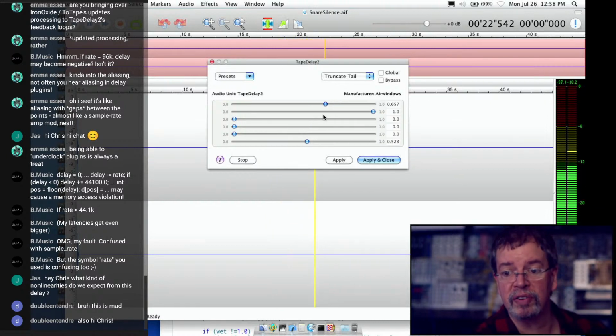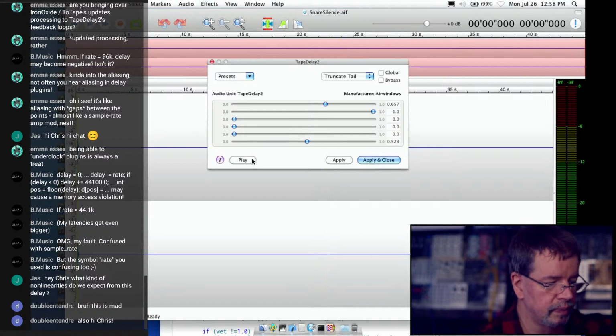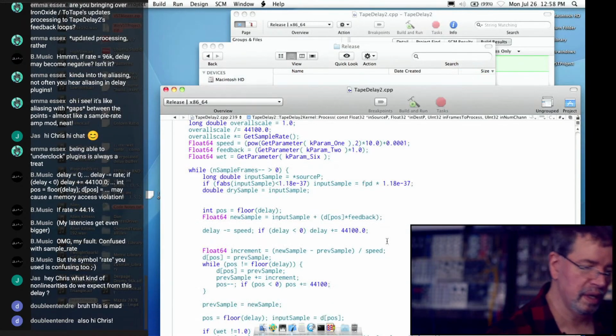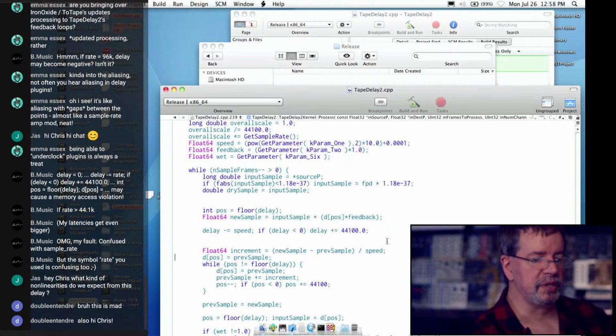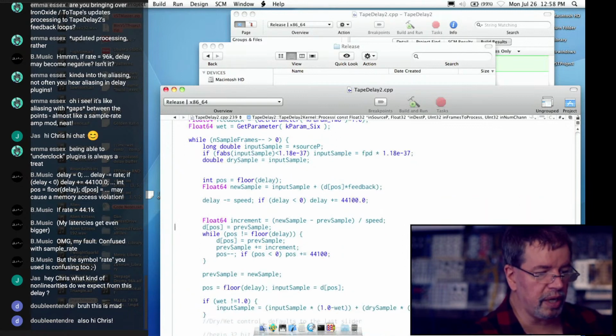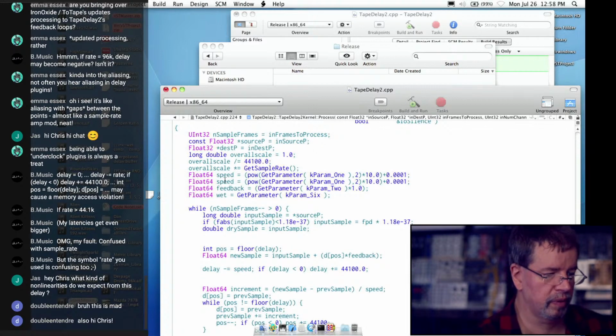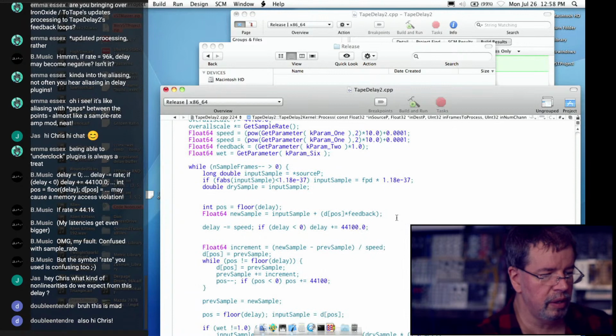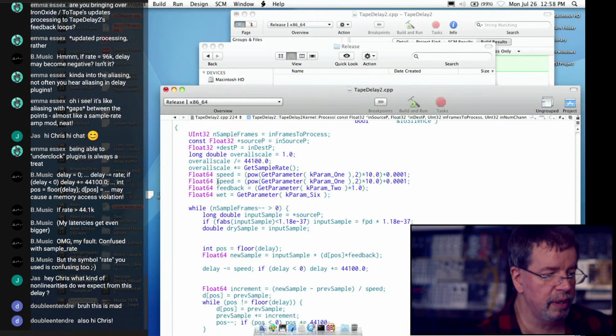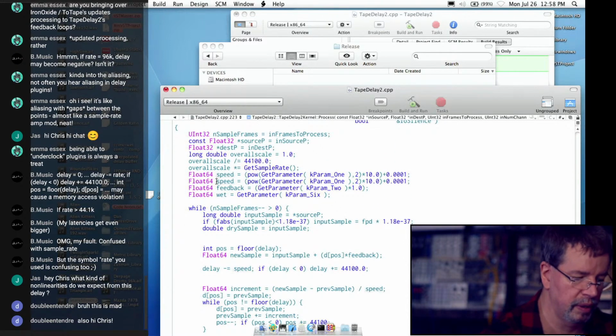But this part's working fine. So let's see what we got. Seeing as the rest of this is working fine, we need one speed and we need increment speed.